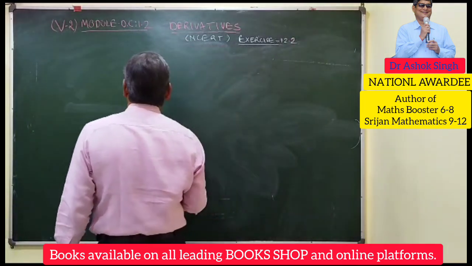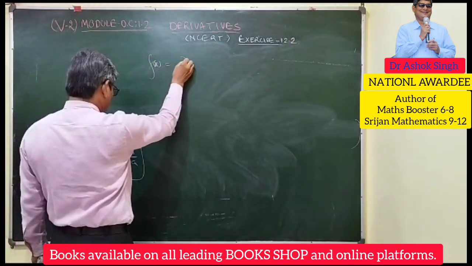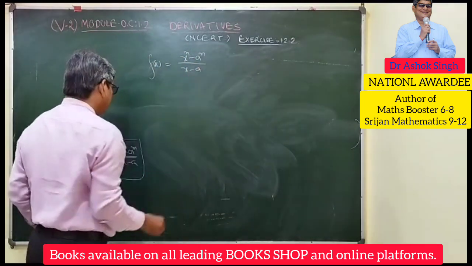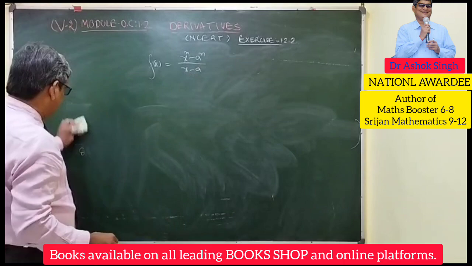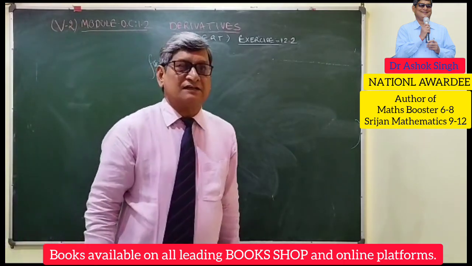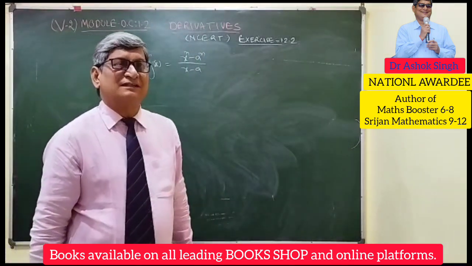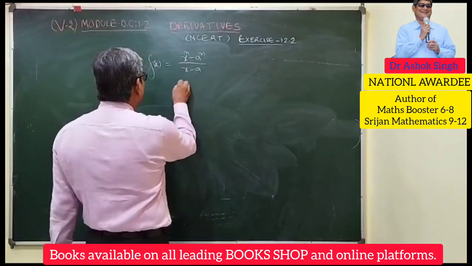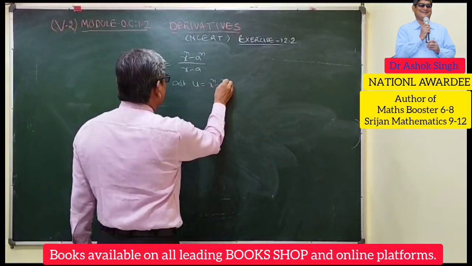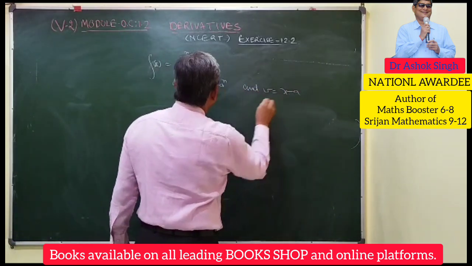The third question that I am going to take up is, you are having f x is equal to x to the power n minus a to the power n by x minus a, a very important function which you have already seen in class 11. So you can write here, let u is equal to x to the power n minus a to the power n and v is equal to x minus a.